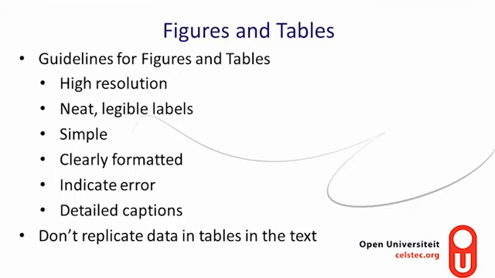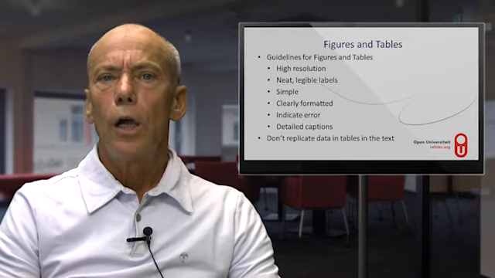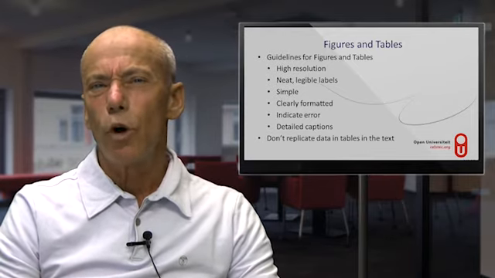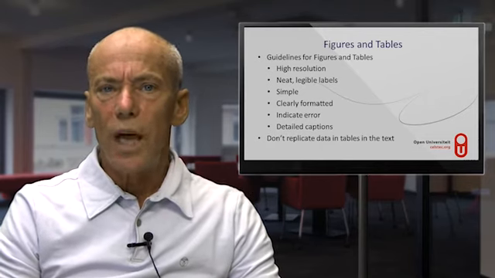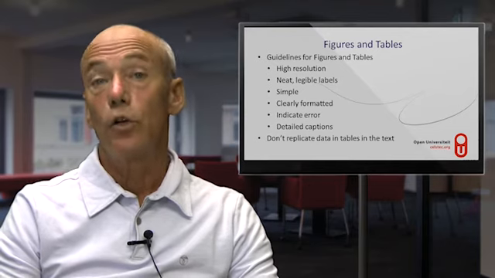Now, guidelines. Every journal has their own guidelines for this, but the most important, I think, are that they should be high resolution, the labels should be neat and legible, and they should be simple. Remember, if you're working in black and white and you have 7 different lines in a graph, making use of symbols or shades of gray, your reader will not be able to understand your graph.